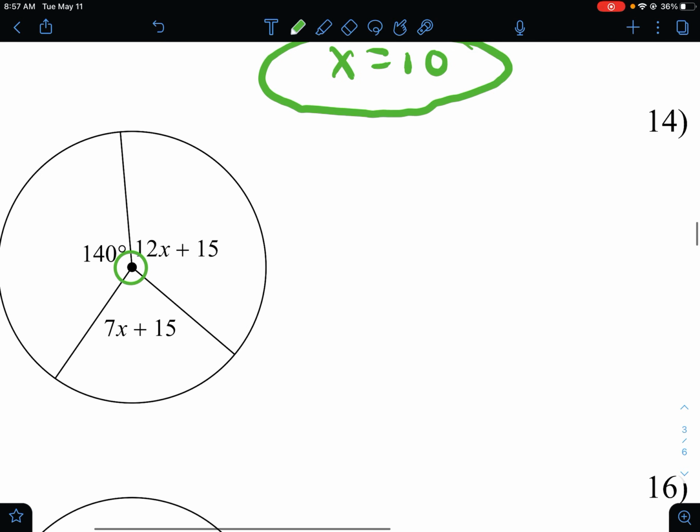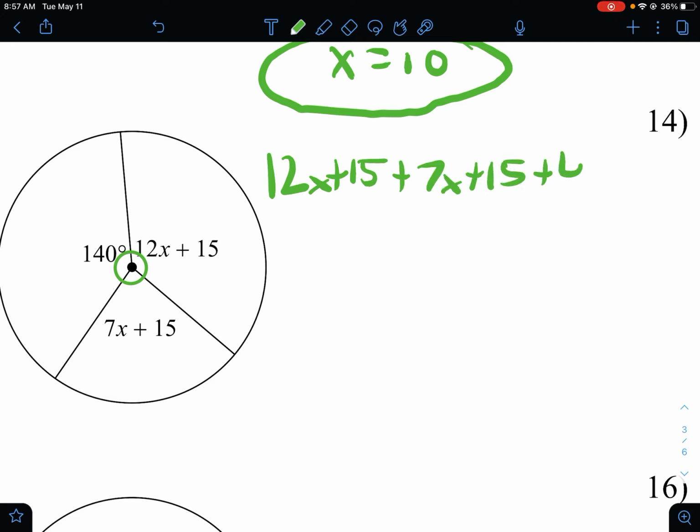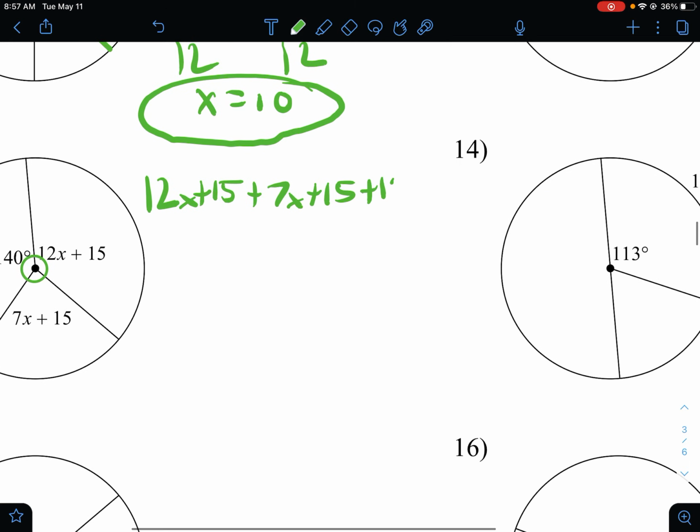So we can say 12x plus 15 plus 7x plus 15 plus 140 equals 360. Go ahead and solve that. Combine like terms and solve for x.